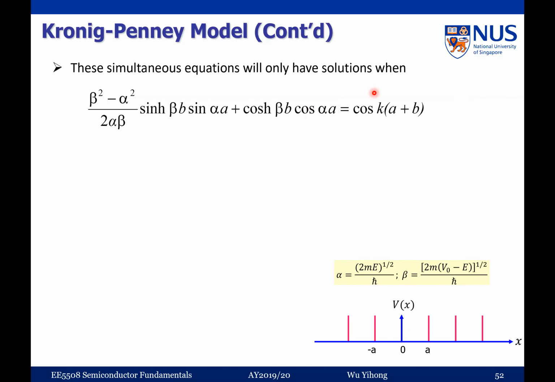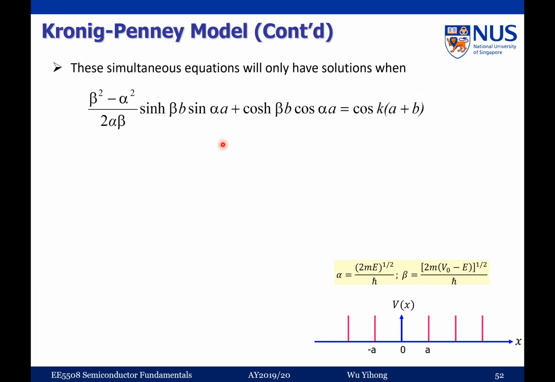And if you look at the right-hand side, A and B are constants, and are given. The only unknown is K. So in principle, what is this equation? If you solve it, you can find the E-K dispersion. The energy is a function of K, right? That's what you have to do.